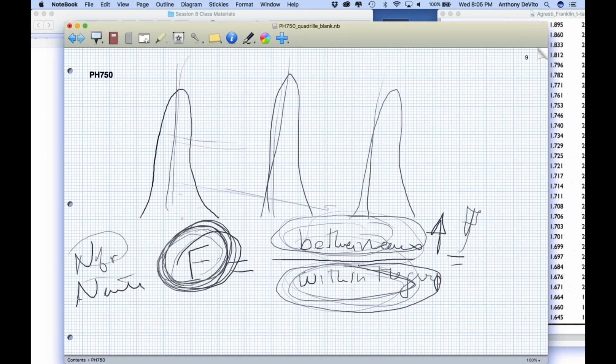That F score we can compare to a critical value to see if we can reject the null hypothesis that mu1 equals mu2, mu3 is equal to mu4, etc.